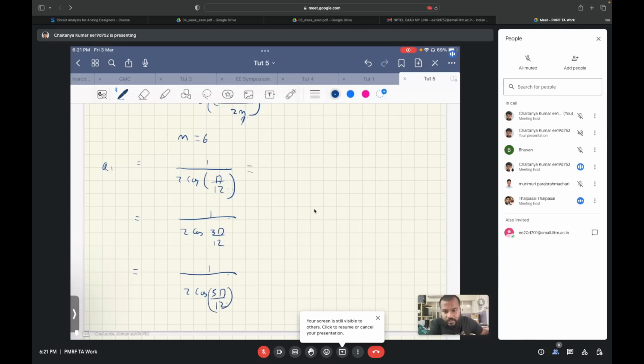So can someone tell the values of these numbers? This will be 0.707, as it is 1 upon 2 cos pi by 4, and pi by 4 is 1 by root 2. This one is 0.5 something. Can you tell the precise number? Yes, sir.